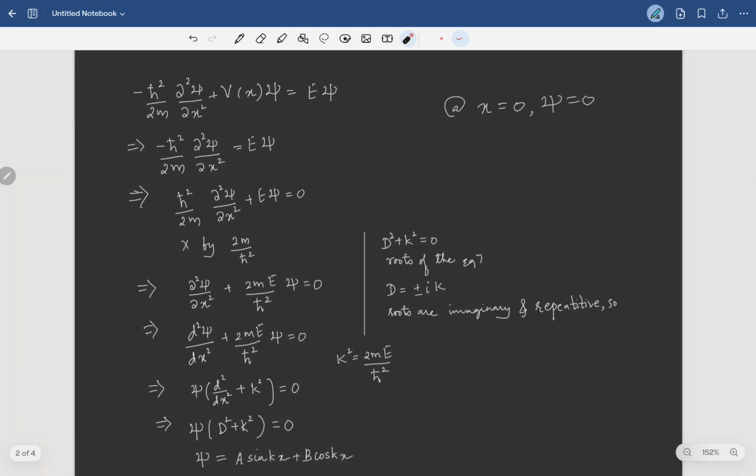At x is equal to 0, the wave function should be 0. At x is equal to L, the wave function should be 0.